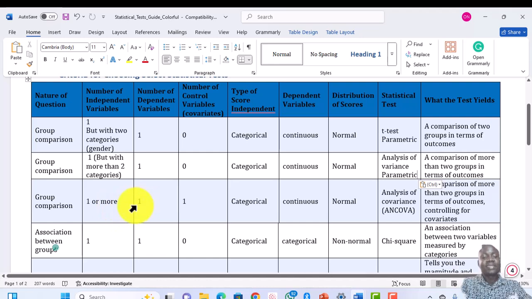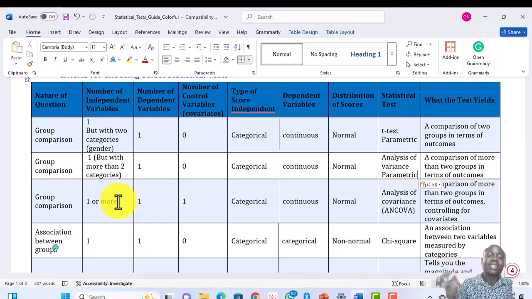This is the type of analysis that we usually carry out in an experimental study, most especially the one we do in education, that is the pre-test, post-test, quasi-experimental research. In this type of research, you have a pre-test and you can have treatments.